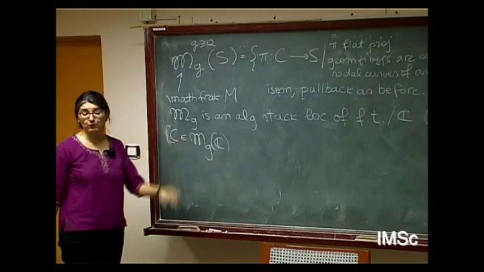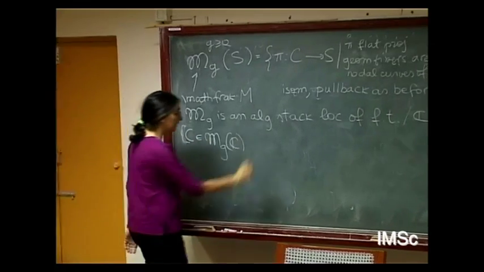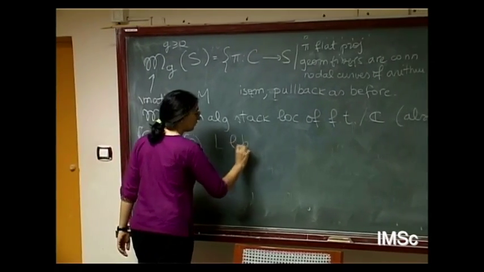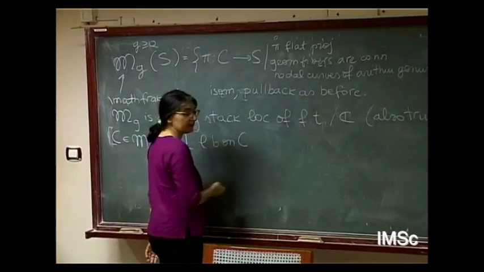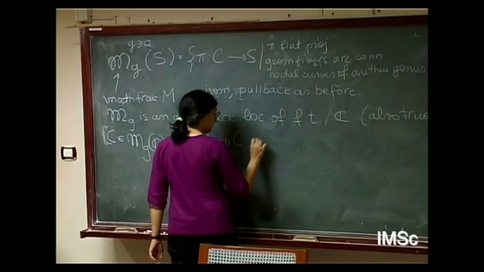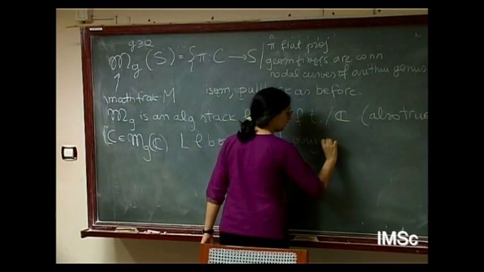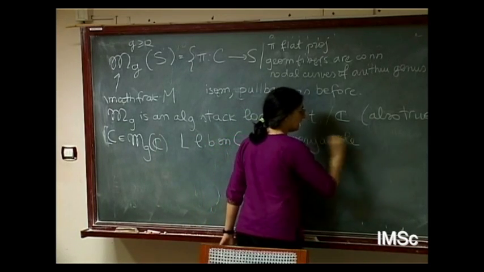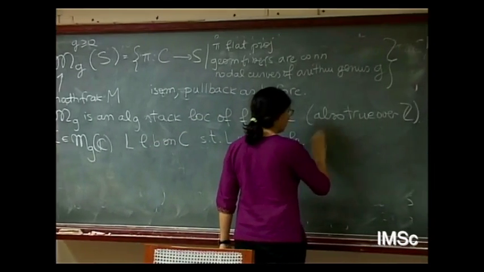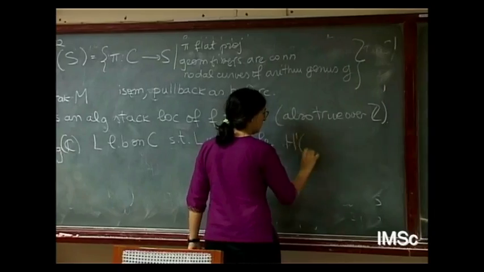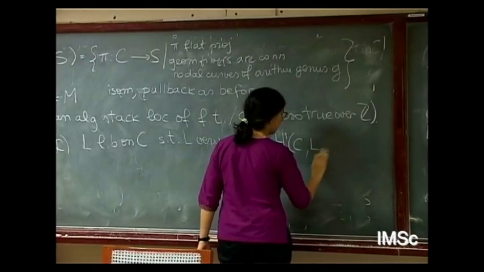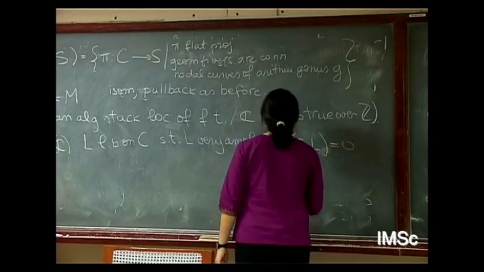And I now play the same trick. I choose L, a line bundle on C, which is sufficiently ample such that L is very ample and H1 of C, L is 0.